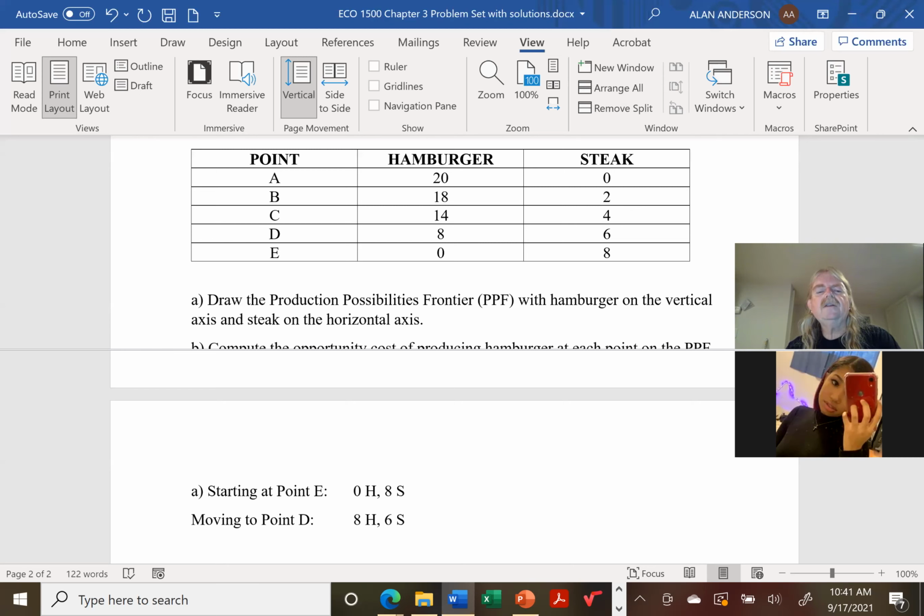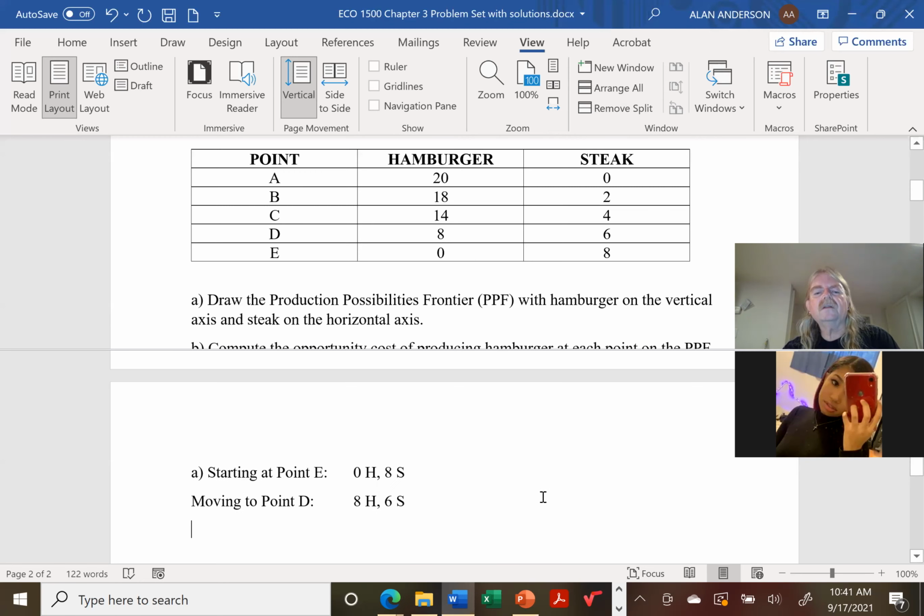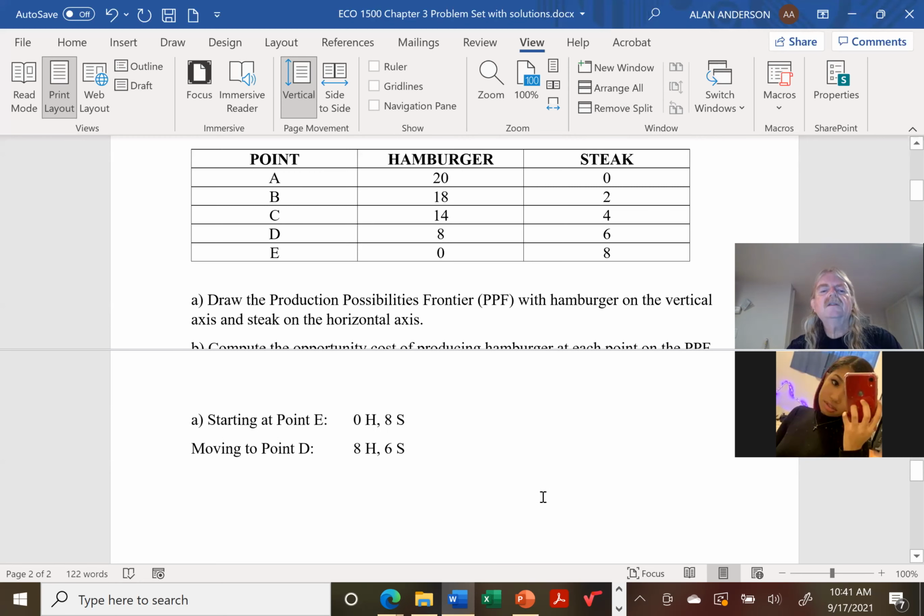So exactly how do you calculate the opportunity cost of the hamburgers? The opportunity cost of hamburgers is the ratio of sacrificed steaks to the gained hamburgers. Okay, so an opportunity cost is always calculated as a ratio of what you gave up and what you gained.